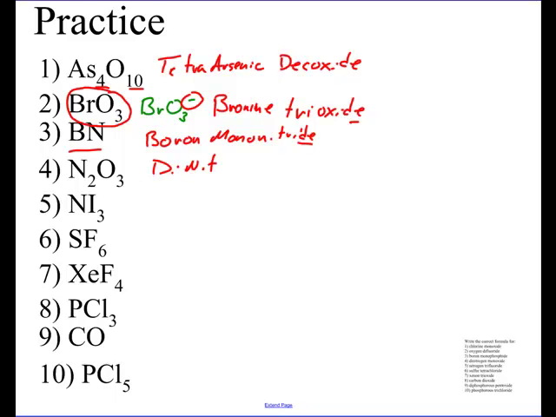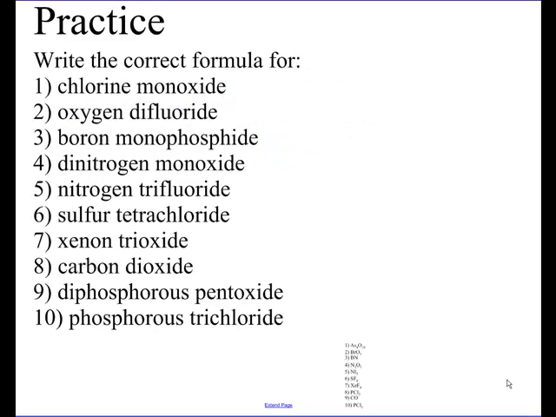Dinitrogen trioxide. All right. And you can see again, the prefixes are pretty consistent. We don't use IDE for the first element ever. We just name it. All right. And so I'd rather not do the rest of them because we can practice more in class, but you get the idea, I hope.